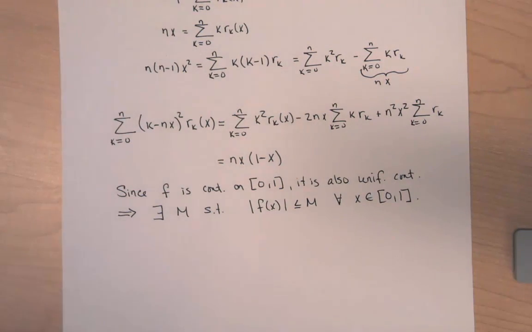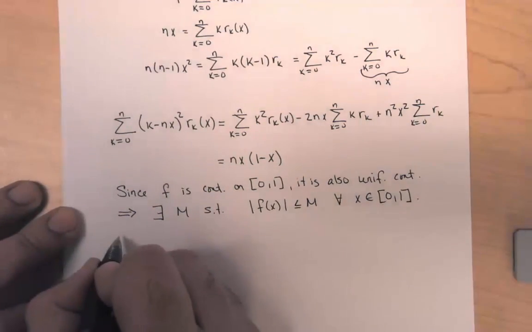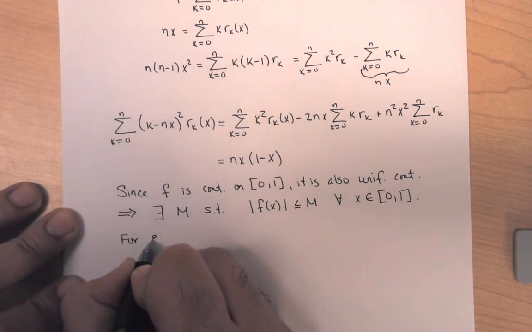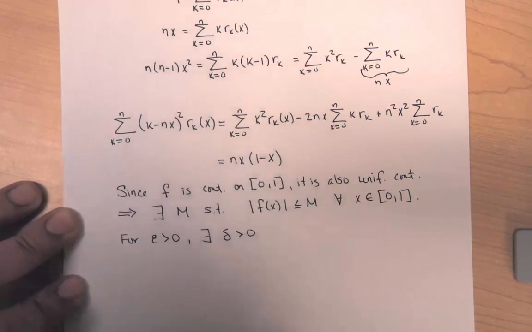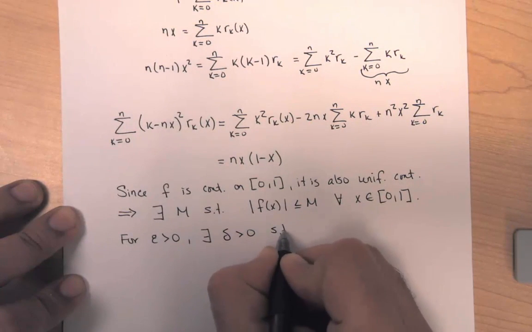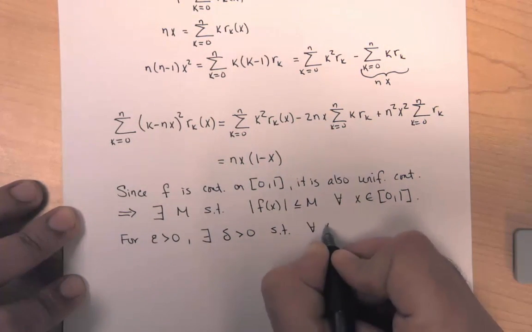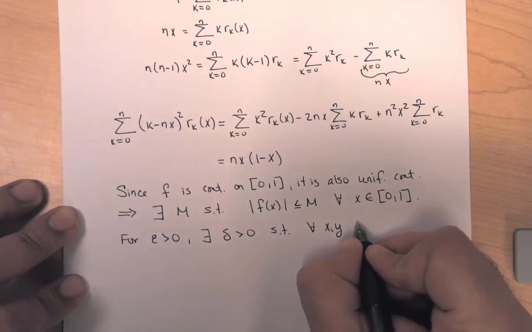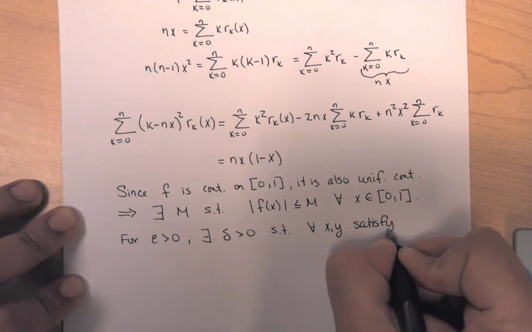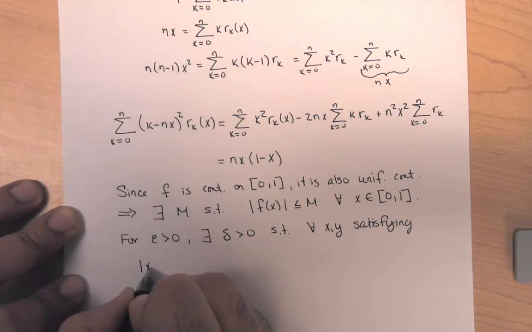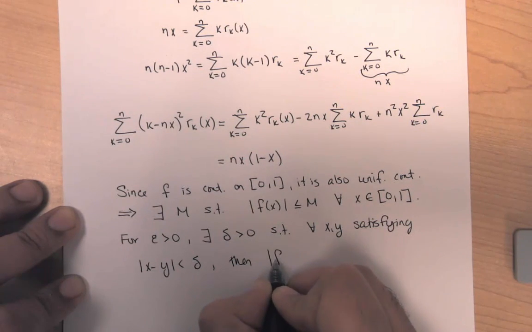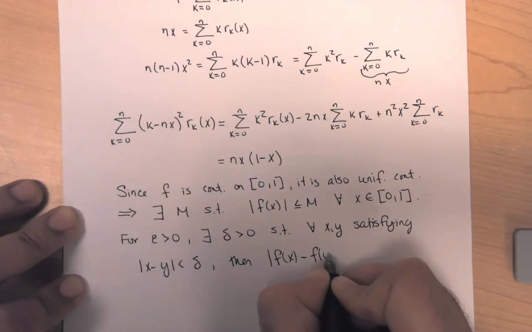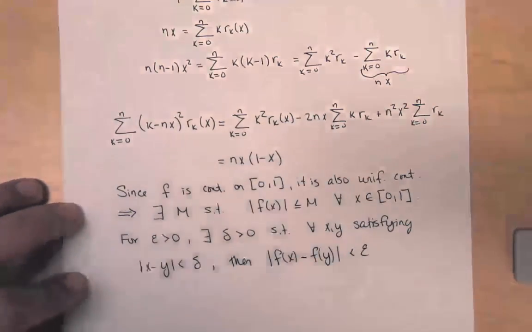And now is where the for any epsilon there exists an n comes out. For epsilon greater than 0, there exists a delta greater than 0 such that for every x, y satisfying absolute value of x minus y less than delta, well then absolute value of f of x minus f of y is less than epsilon, right?